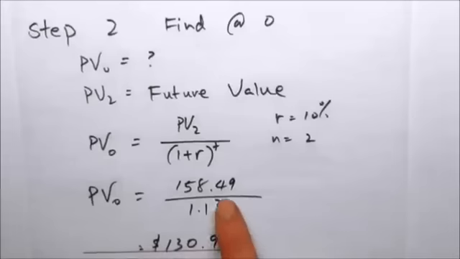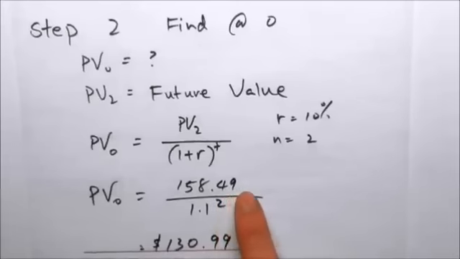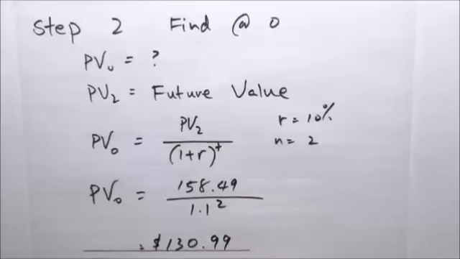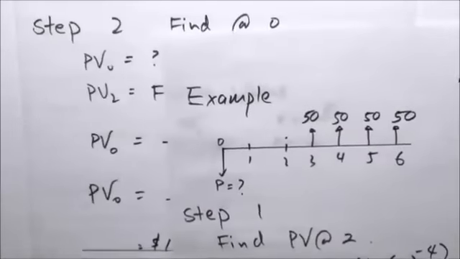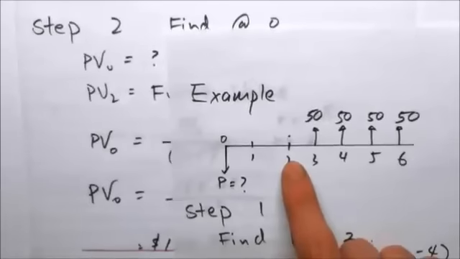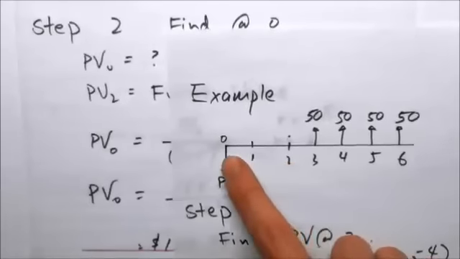Once again, all we have to do now is put in the values that we know. At year 2, the present value of the annuity is 158.49, the interest rate is 10, and the period here is not 4 but 2, because we are at this point and we want to go back to time 0.